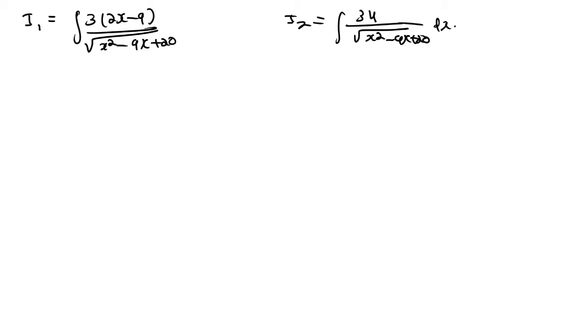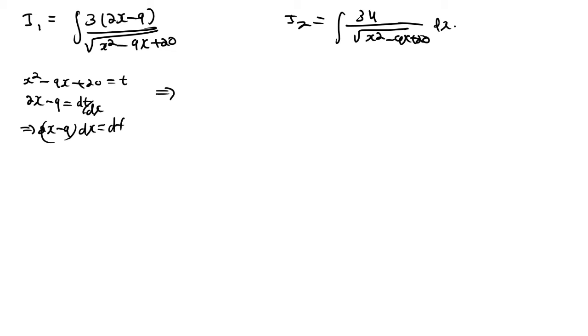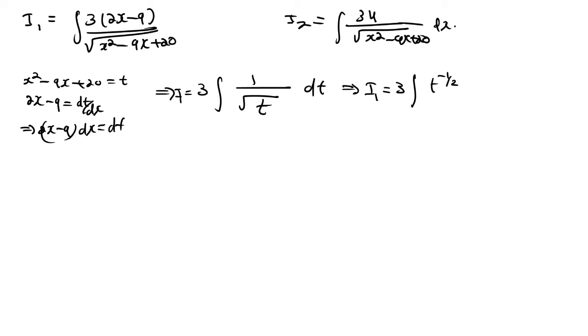Keeping 3 outside, we can substitute x square minus 9x plus 20 equal to t. Then 2x minus 9 equal to dt by dx. This implies (2x minus 9) into dx equal to dt. So I1 equals 3 into integration of 1 divided by square root of t into dt. We know how to solve this one. This implies I1 value is equal to 3 into integration of t to the power minus 1 by 2 into dt.